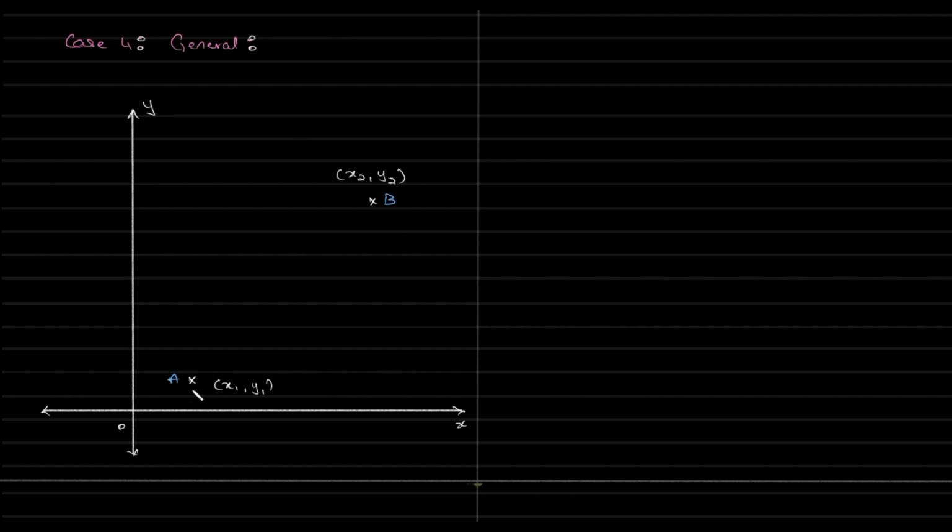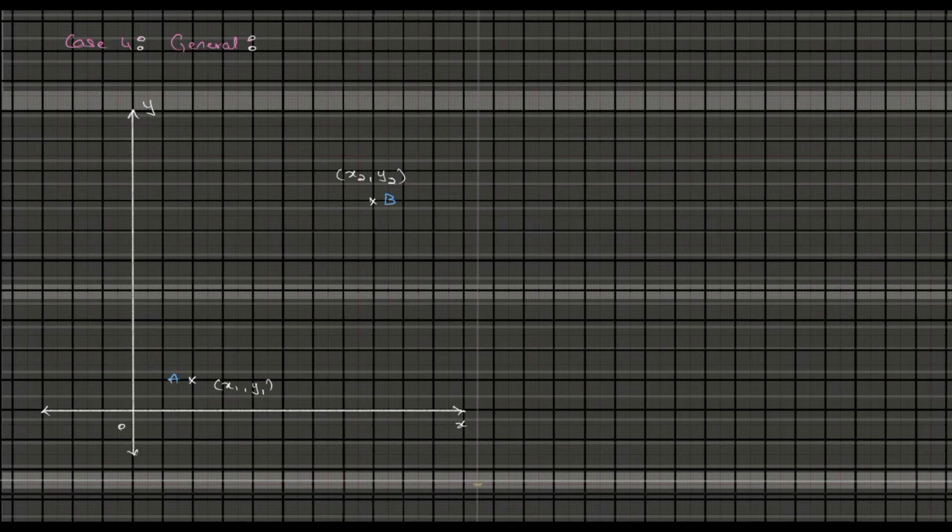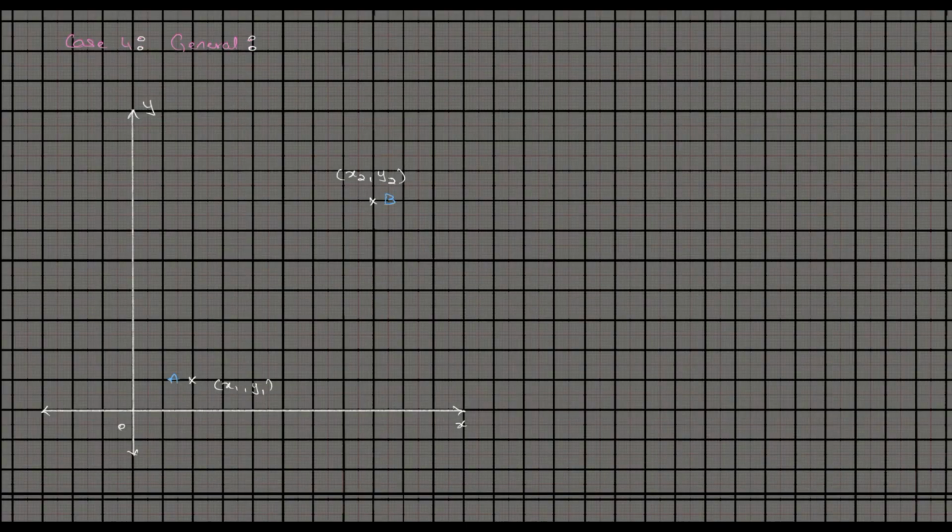Right? So looking at this length and this length, to find A to B. If I call this P and this is 90 degree, okay. So we're looking at the distance A to B.